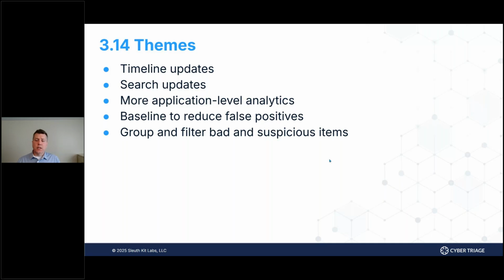Basically set it up so you can run that collection and then not have to be alerted about anything from that known good image. And then some more different ways to filter and carve up what you're seeing on the bad and suspicious items. So that pretty much wraps it up there.